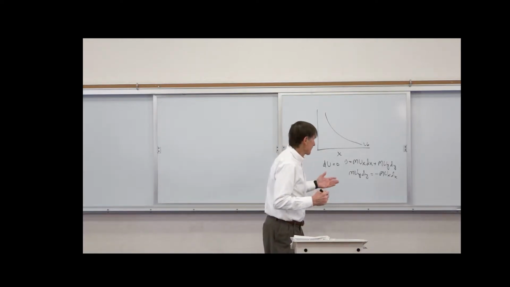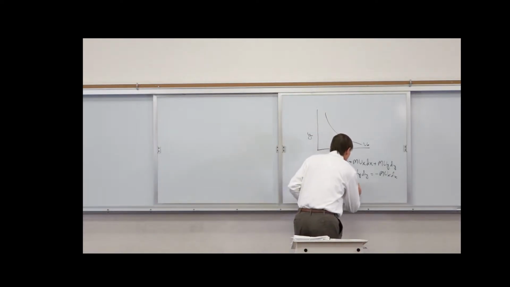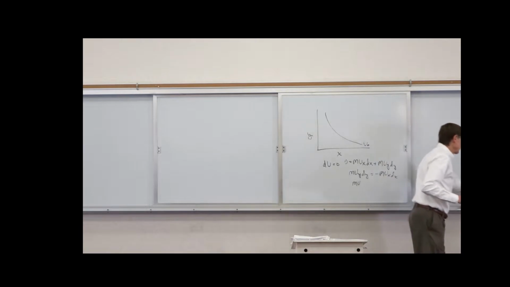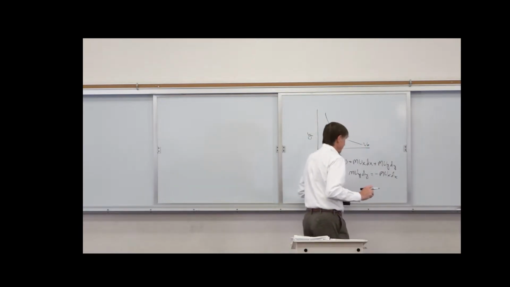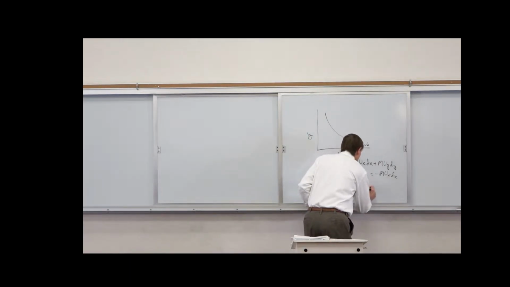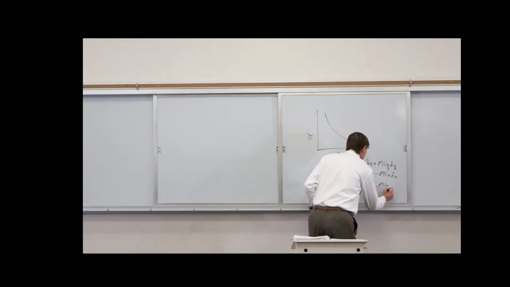Then you divide both sides by dx and by the marginal utility of y, and you get dy/dx equal to minus the marginal utility of x over the marginal utility of y.